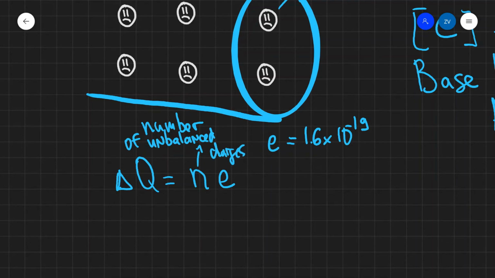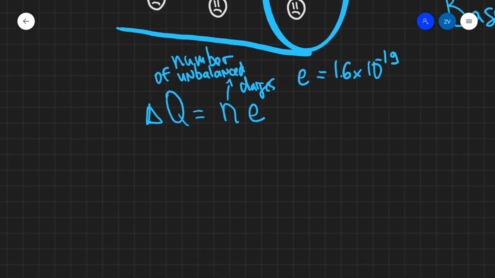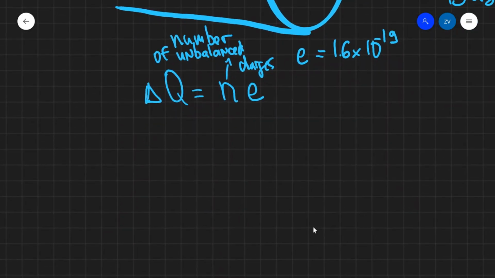For example, in this wire that I've drawn, I have 1, 2, 3, 4, 5, 6 electrons. So essentially it's the number of unbalanced charges, most often electrons, although in electrolytes, for example, it could be charged ions as well.